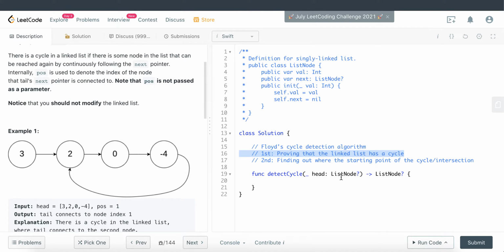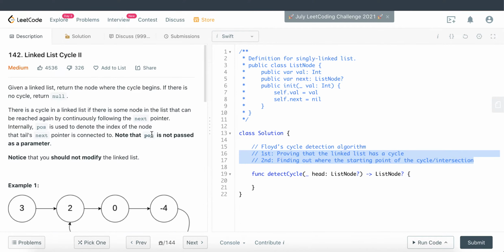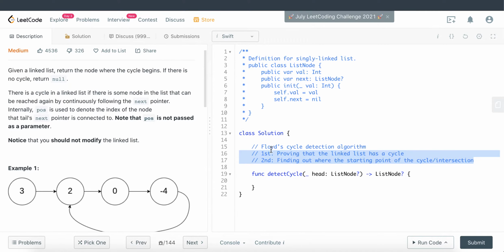I highly recommend you check out this algorithm from the online resources that provide explanation, because it really does prove how this algorithm works. But this is just a summary of it, that it consists of two parts. So whenever we see a linked list cycle kind of question, Floyd's algorithm using slow and fast pointer is probably your go-to solution.